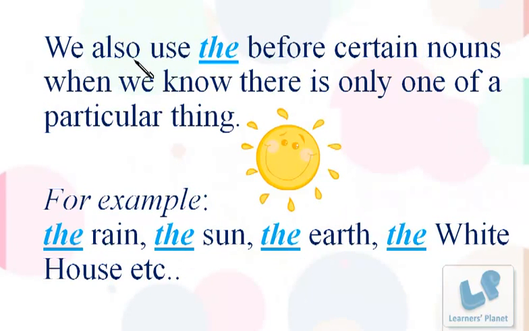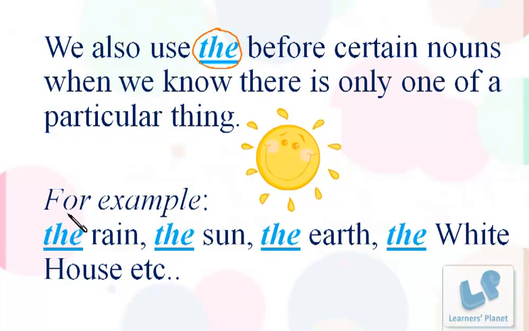Now friends, we also use the before certain nouns when we know there is only one of a particular thing. This means that the is also used before a particular noun which we know is only one of that kind, only one of that thing exists. So the examples could be the rain, the sun, the earth, the White House.